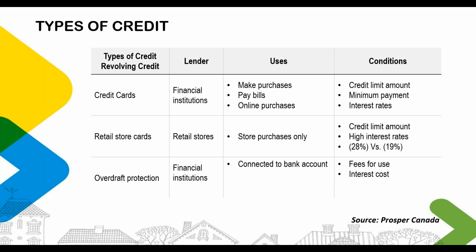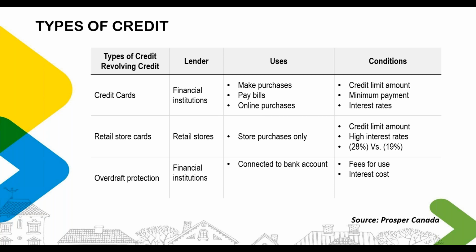Some of the stores these days have their cards attached to major credit card companies. For example, I know that Walmart has a MasterCard that's your Walmart credit card, but you can use that card to purchase anywhere. You don't have to use it in Walmart specifically.